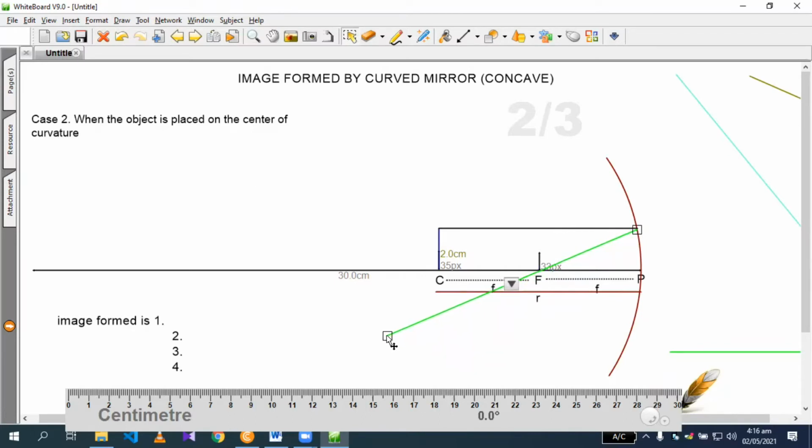Now, another ray of light is coming from the object, passing through the focus again.